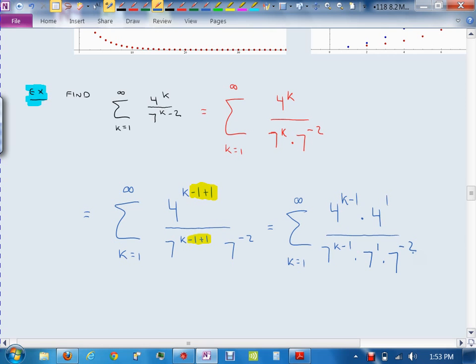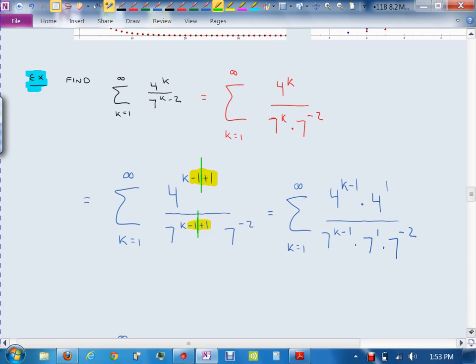Separating it out. First thing I want to do is get all my k minus 1s first. So y'all see what I've done? I've split these right here, right? I've said 4 to the k minus 1 plus 1 is the same as 4 to the k minus 1 times 4 to the 1, because if you have the same base, you add the exponents, don't you? Same base, add the exponents.